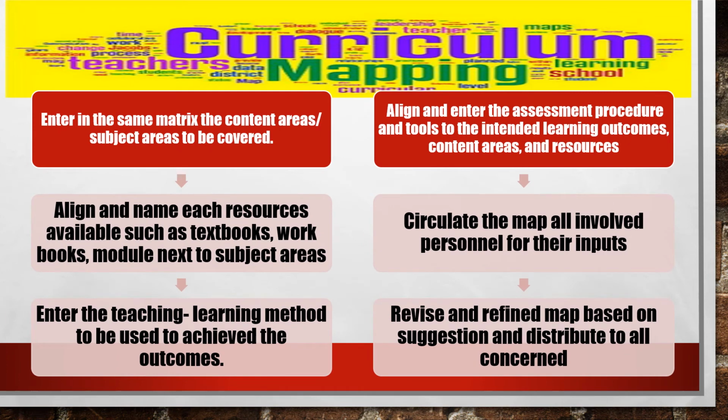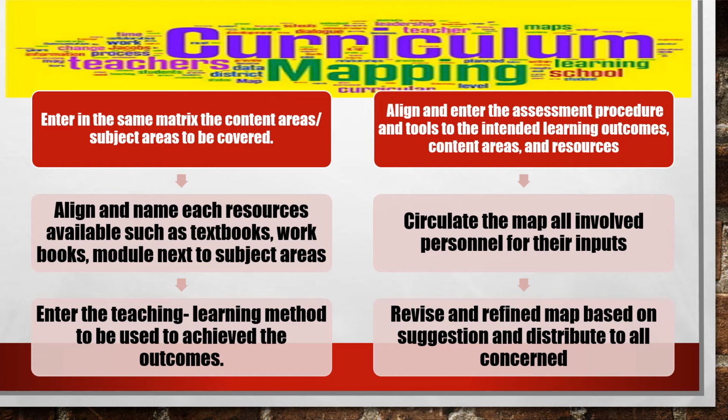Then enter in the same matrix the content areas, subject areas to be covered. Then align and name each resource available such as textbooks, workbooks, modules next to subject areas.